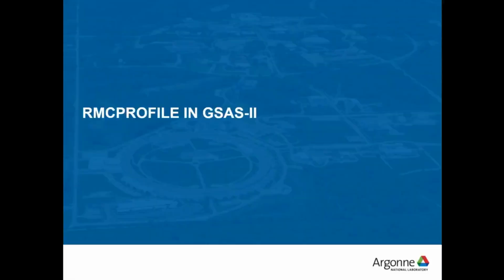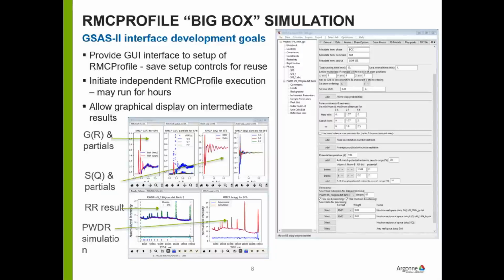Okay, different subject. We heard about this yesterday as big box modeling. What I want to do is just show you that there's a GSAS-II interface to it, and it looks like this. It has ways to read in the data and set up the stuff for running RMC profiles, which runs as a separate program.